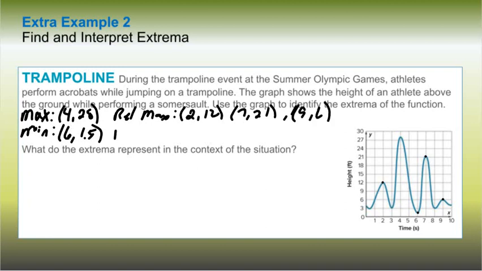And relative minimum, so some low points, just not the lowest. That would be here, so let's do (0, 53). We would have (3, 3). And we would have (8, 3).